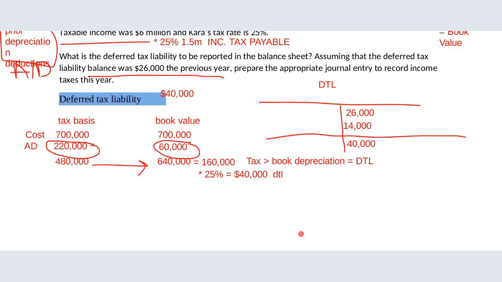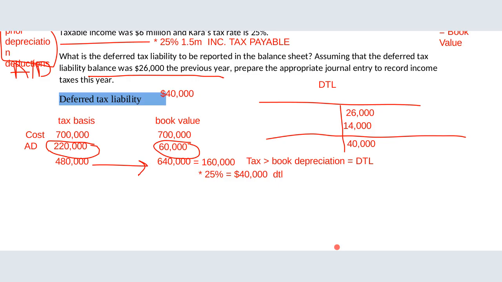And then our income tax expense is just a plug. So we're going to have income tax expense, a debit, of course. We have a credit to the deferred tax liability of 14,000.